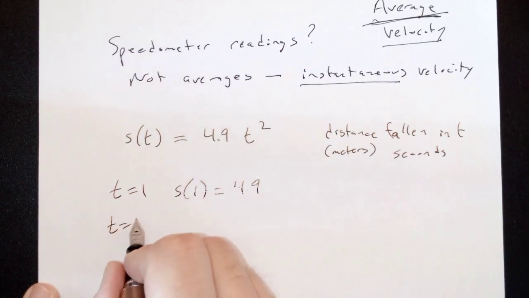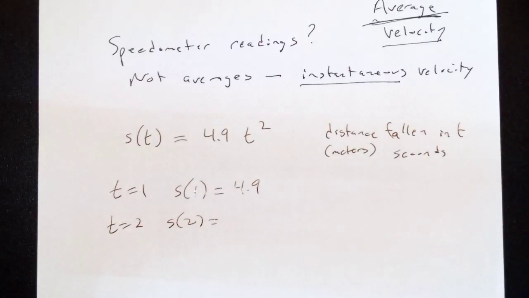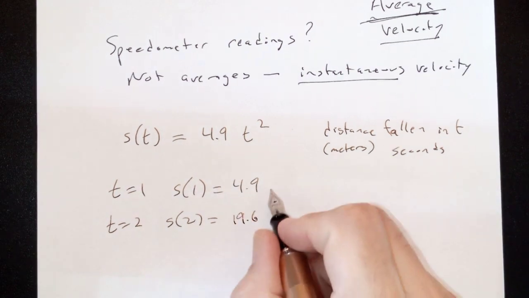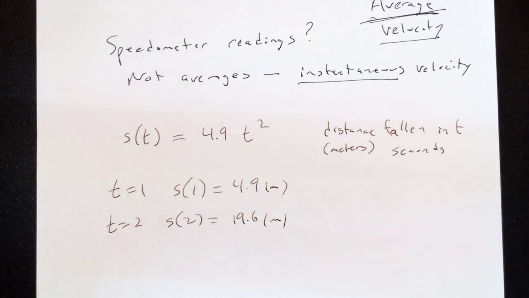When t equals 2, we're at, and those are distances in meters. We'd move down 4.9 meters, and then 19.6 meters.